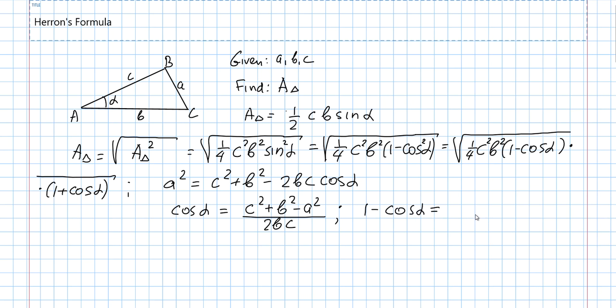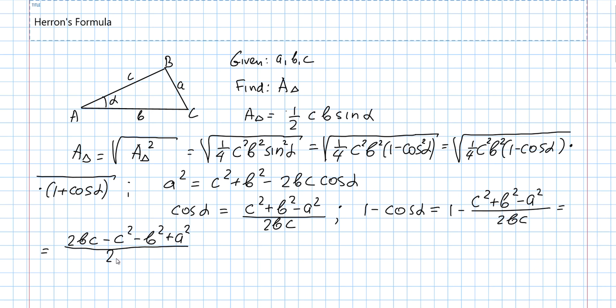So what will it be? It will be 1 minus c square plus b square minus a square over 2bc, which equals 2bc minus c square minus b square plus a square, all divided by 2bc.